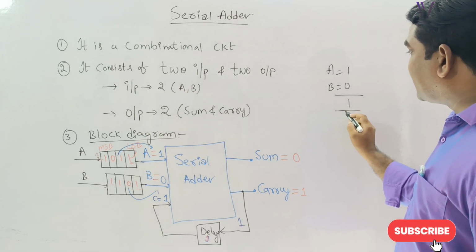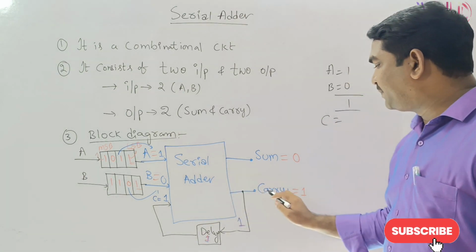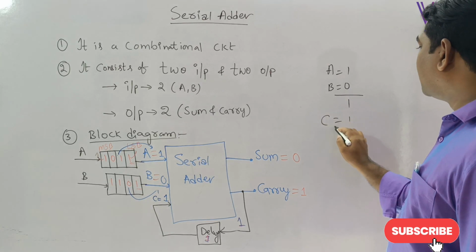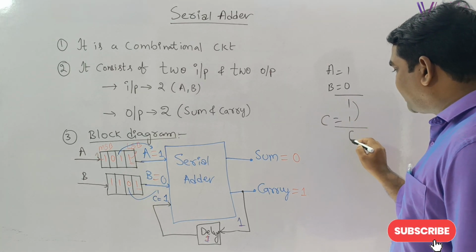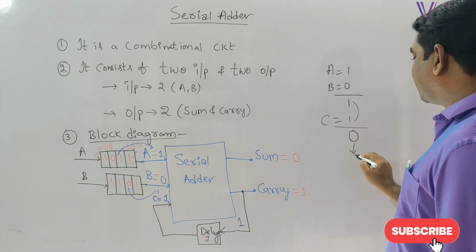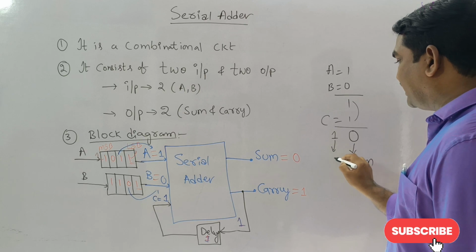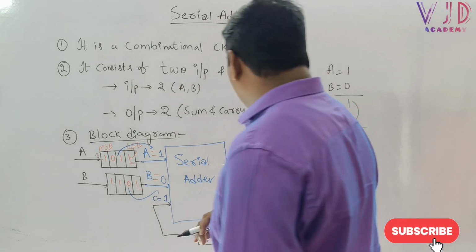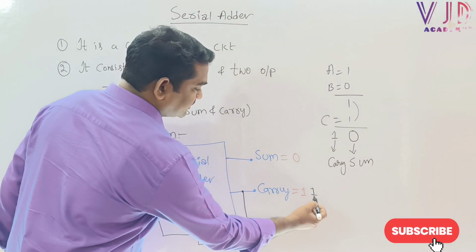Now let us add C to this output. Here C equal to the previous carry, which is 1. Let us add these two bits. The addition output is 0, this is the sum output. And what is the carry here? There is a carry remaining. This carry I want to give here, so that this is the carry.